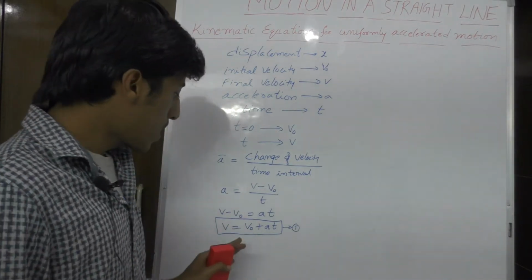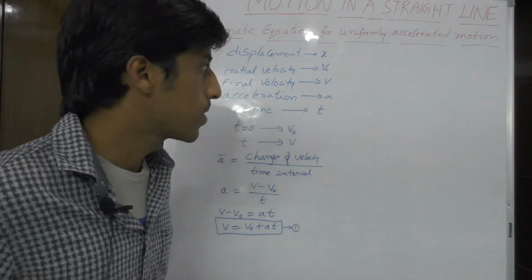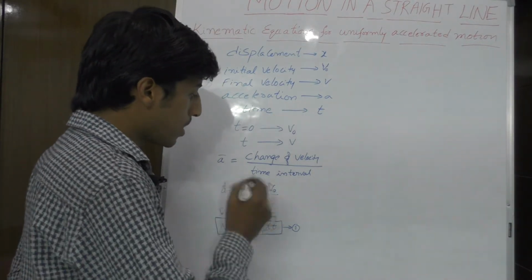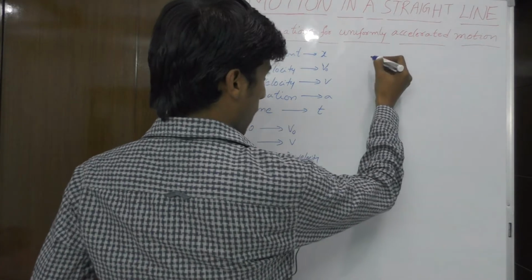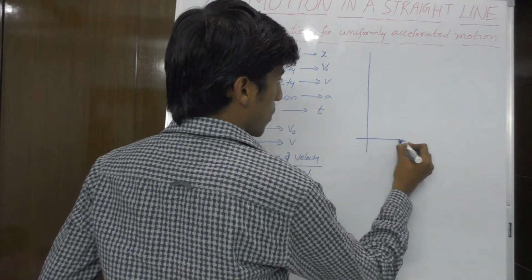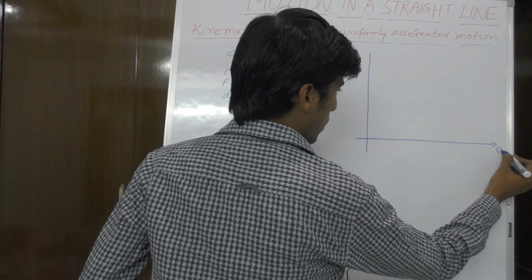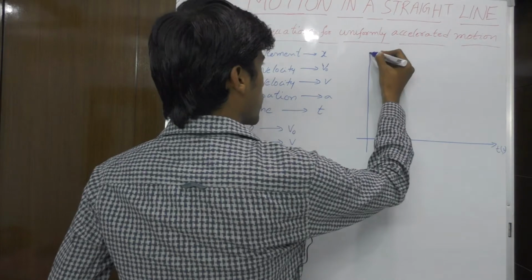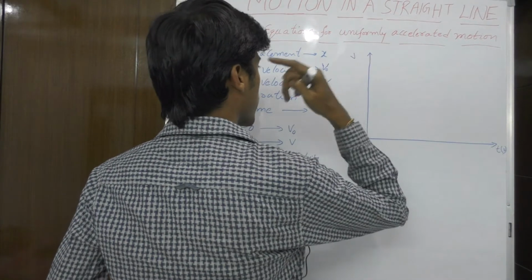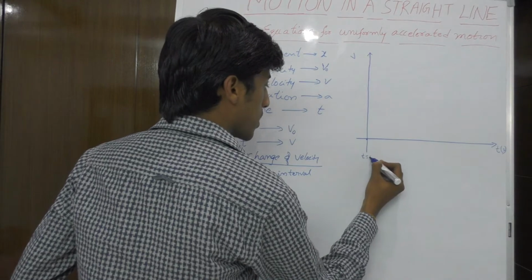Now, I can also represent this particular equation graphically. I am going to draw the graph for this equation. On the x-axis I will take time in seconds, on the y-axis I will take velocity, and this is the origin, that is t equals 0 seconds.